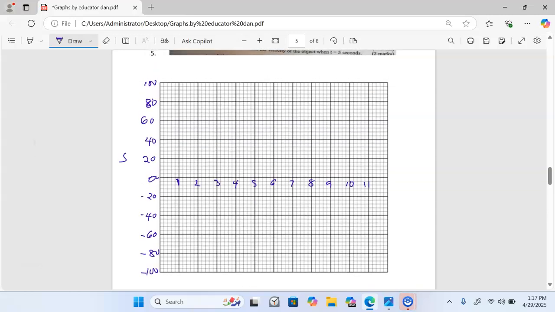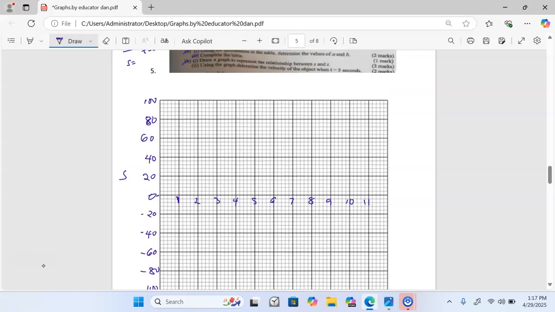Then from there now we can start plotting. But before we plot, let us give our scale. In the x-axis, remember 1 centimeter is 1 unit. And in the y-axis, one box is 1 centimeter, which is represented by 20 units.